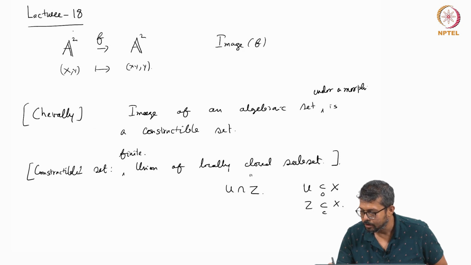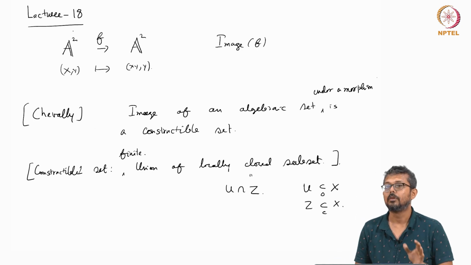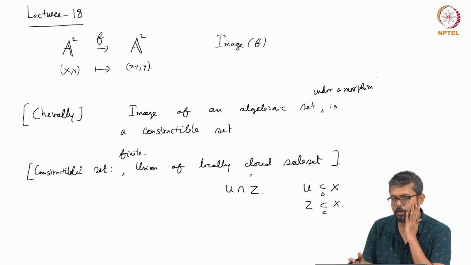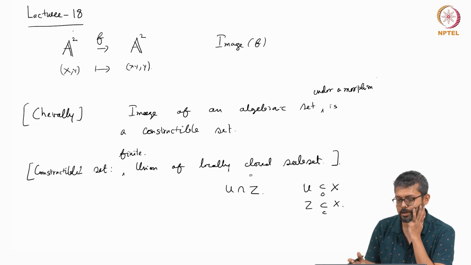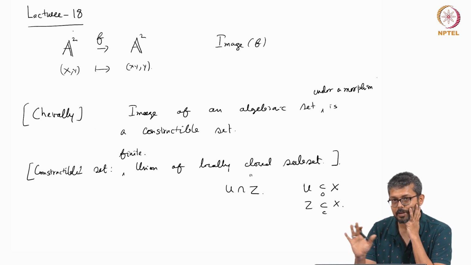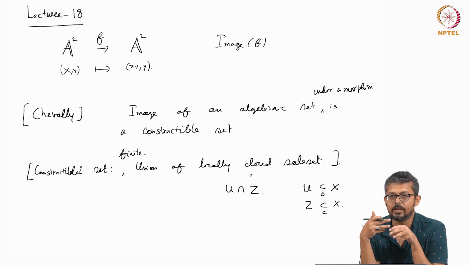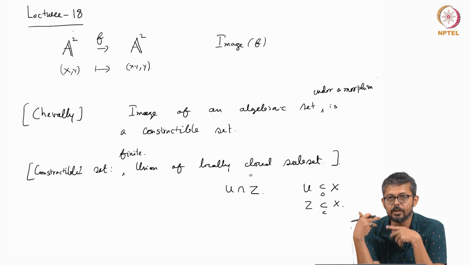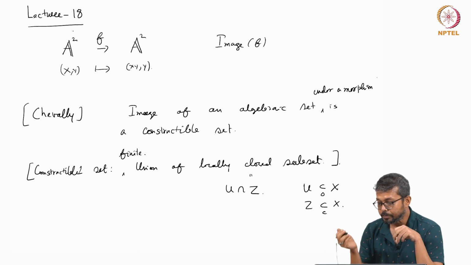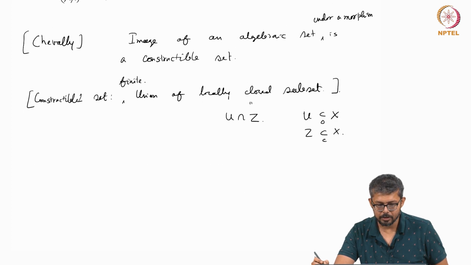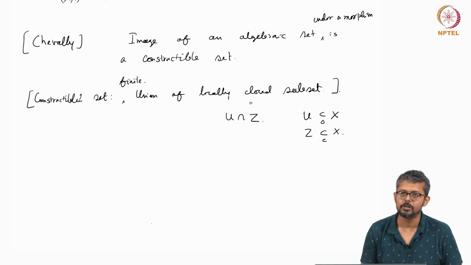This is a very useful theorem, in the sense that there are many equivalent definitions of a constructible set when the target space is irreducible. Another equivalent condition is that the image contains a dense subset, because it is a union of locally closed subsets. But I will come to this theorem later.